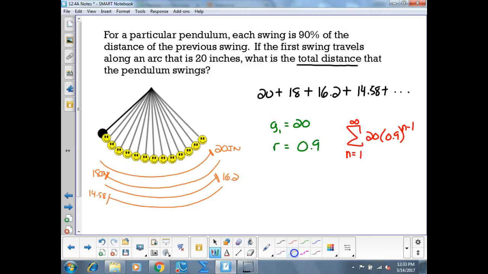Well, first question you gotta ask, does it go to infinity? Yes. Second question you gotta ask, is your R value in that -1 to +1 range? Yes. So you can find it. So find me the sum of that, or the total distance that pendulum swings.